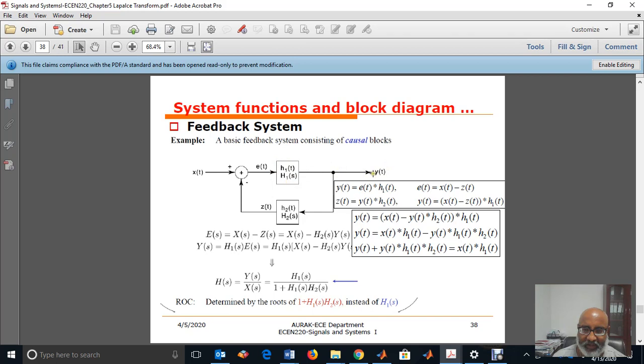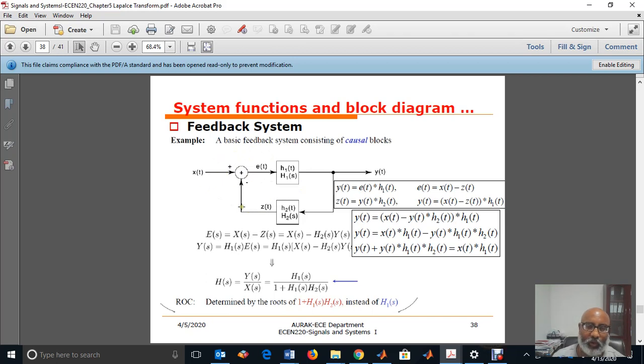The output y of t goes back to the second system h2 of t, and the output of h2 of t is z of t. We have a minus here, and the error function e of t is x of t minus z of t. This kind of block diagram representation is called a feedback system.